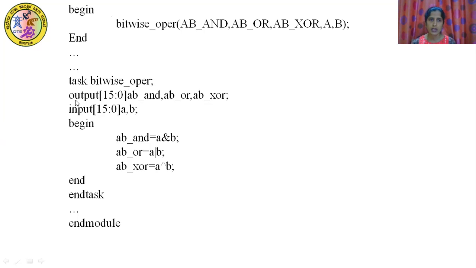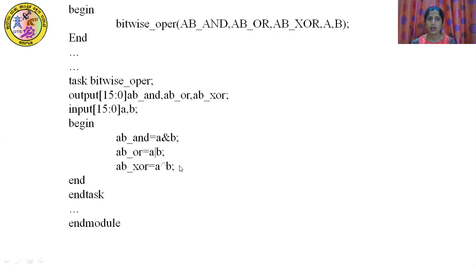So here in this task, we have declared AB_and, AB_or, and AB_XOR as 16-bit outputs. A and B are 16-bit inputs. So here the input values, that is A and B, are passed on to the inputs A and B here, which are further processed, and the results or the outputs are passed on to the output variables in the task invocation statement.